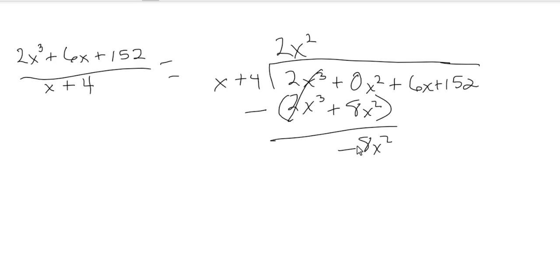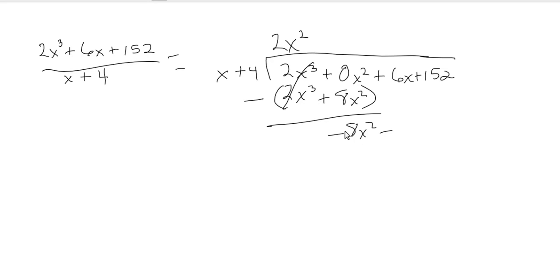All right, let's continue by bringing down the 6x, or the plus 6x. So negative 8x times x gives me negative 8x squared. Then the negative 8x times the 4 will give me negative 32x.